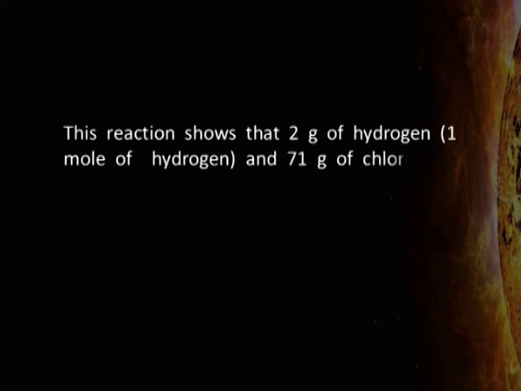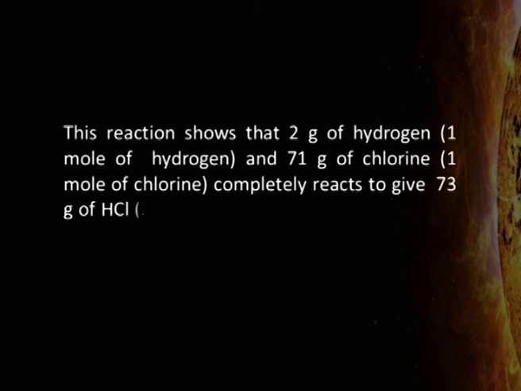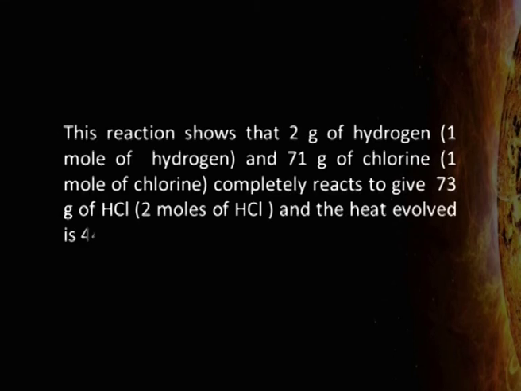This reaction shows that 2 grams of hydrogen, that is 1 mole of hydrogen, and 71 grams of chlorine, that is 1 mole of chlorine, completely react to give 73 grams of HCl, that is 2 moles of HCl, and the heat evolved is 44 kilocalories. Hence, this reaction is exothermic and the reacting system loses 44 kilocalories of heat. It can also be said that enthalpy of the system decreases by 44 kilocalories.